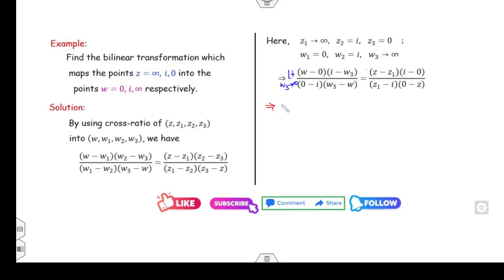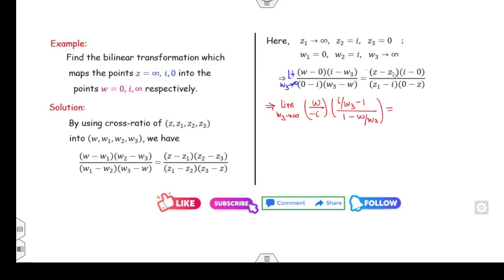Now what will happen? You can see it's the limit as W3 approaches infinity. This number is my W. This number is my minus iota. I can divide the numerator and denominator by W3. Then it is a minus 1. Because W3 is my infinity, it becomes 0.